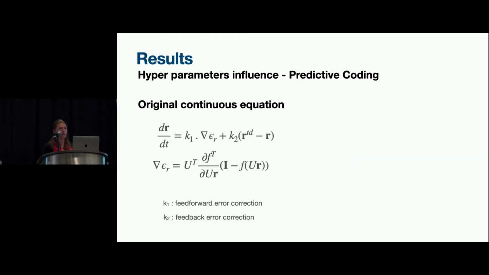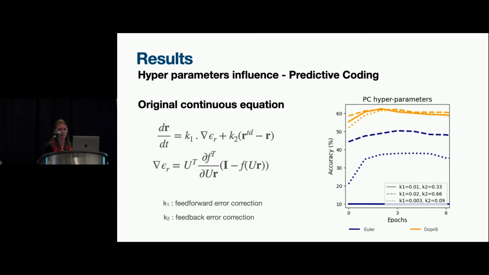So now, in addition to the validation accuracy, we can also observe the behavior and the robustness of our models during and after training. Here you can see the equations of predictive coding, just as a reminder, and in those equations, there are two parameters, K1 and K2. They are called hyperparameters, and it's known that deep learning systems can be very sensitive to the value of the hyperparameters.